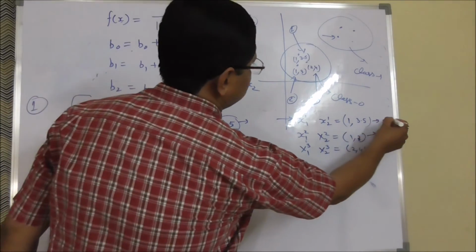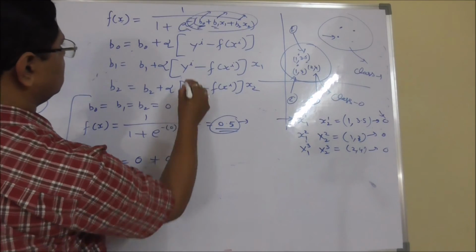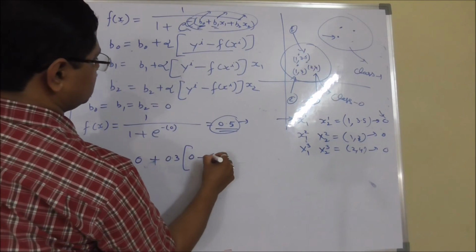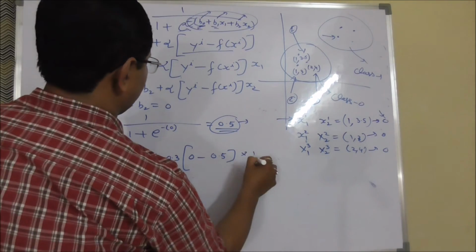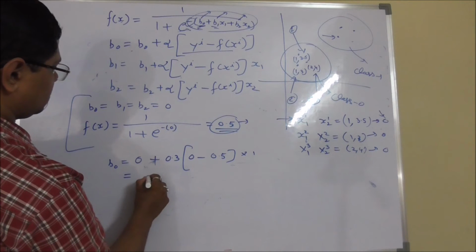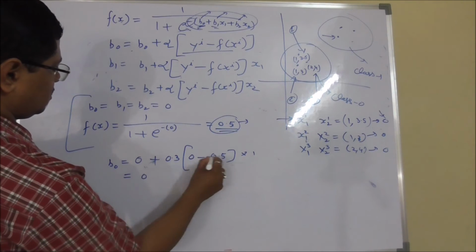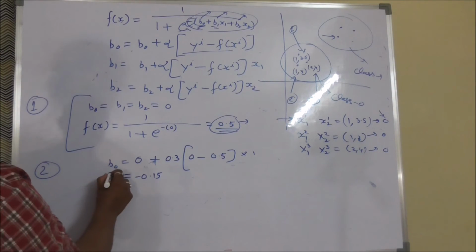As this first instance belongs to class 0, it will be equal to 0 minus 0.5 times 1, so it will be equal to minus 0.15.